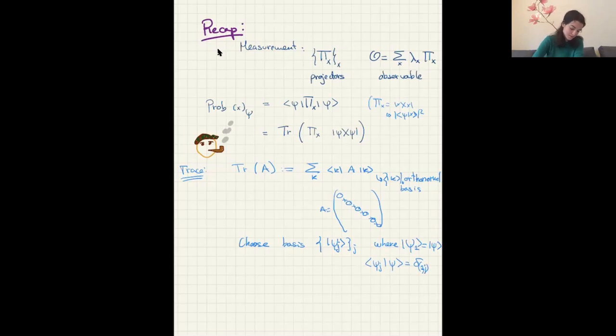Then we have that the trace of pi x times this thing is going to be the sum over j of phi j, pi x, psi j. But then the only surviving term on this side, we know that this is just delta j1.